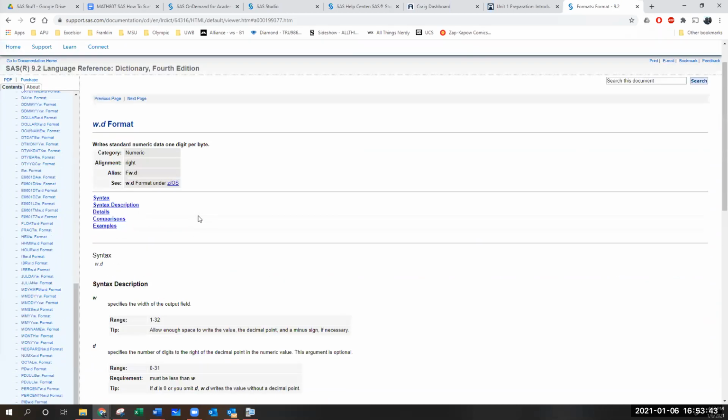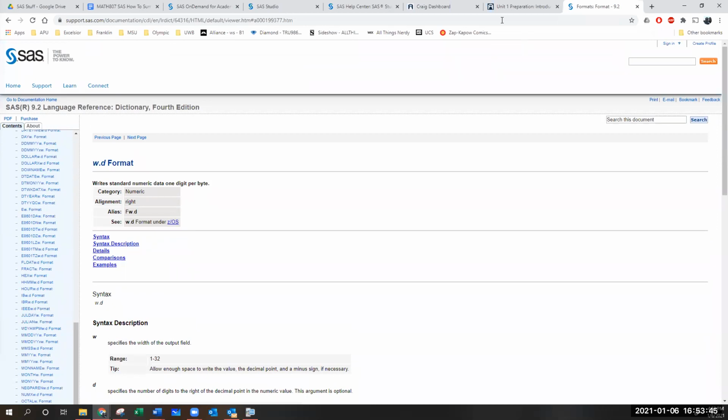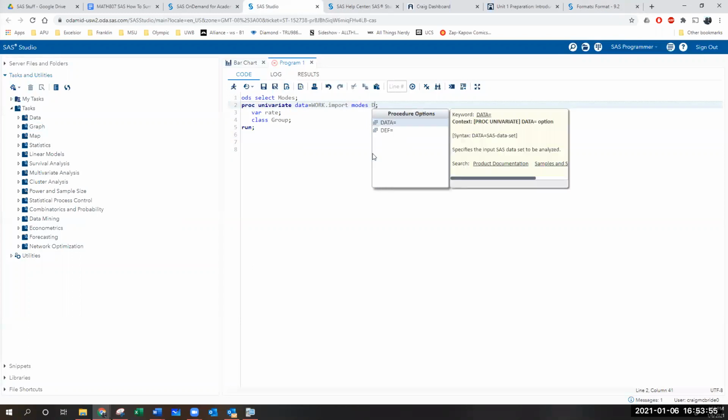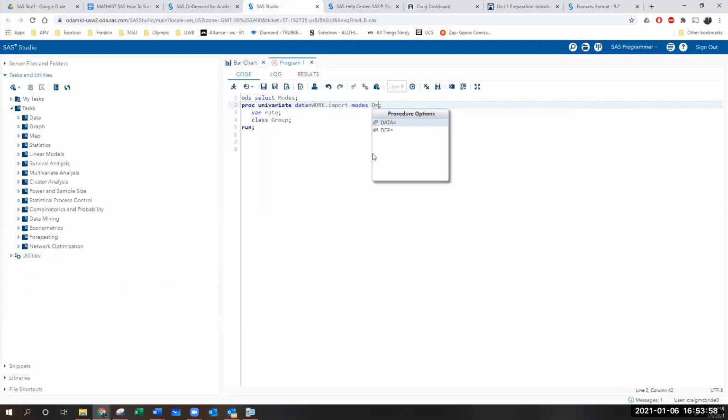But let's go back to the code. If you just put, I think probably up here, D, it doesn't seem to want to take it there. This is usually where you put these types of things, procedure options.